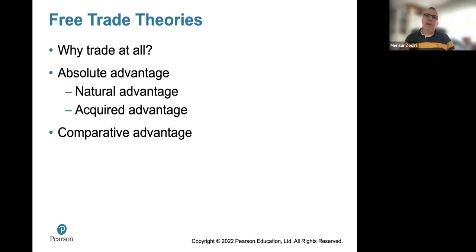When we talk about absolute advantage, countries do have their natural advantage, and usually this comes from climatic conditions, access to certain natural resources, or availability of particular labor forces in these countries. For example, Taiwan used to be one of the major exporters of tea.